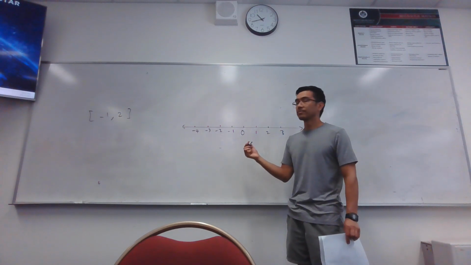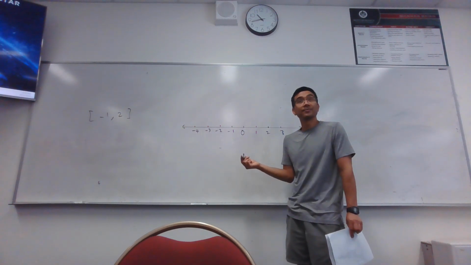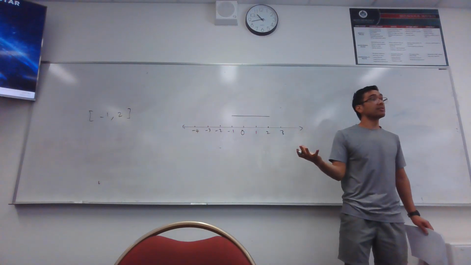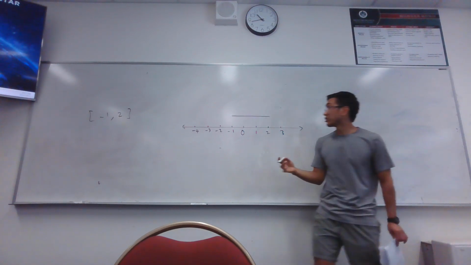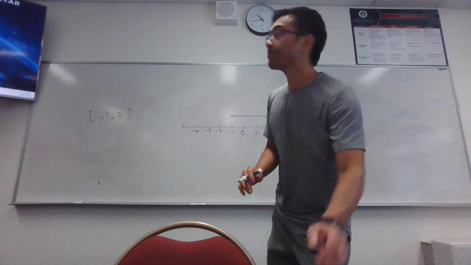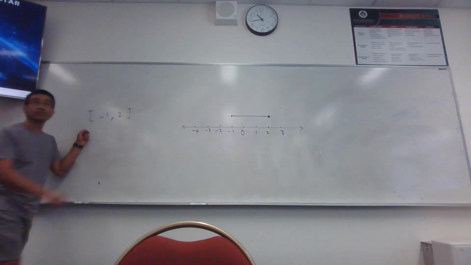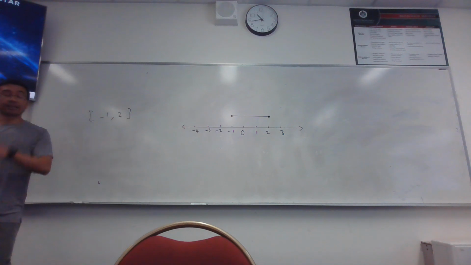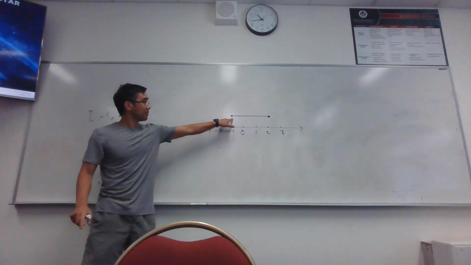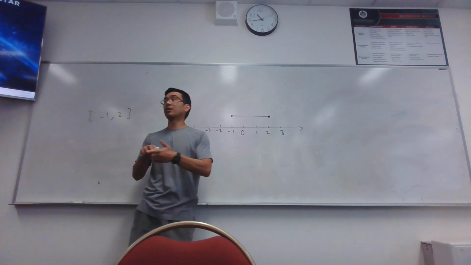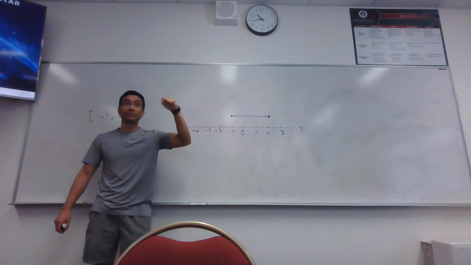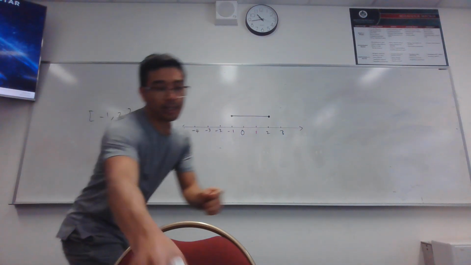A line, from -1 to 2, with solid dots on the ends because they hit points -1 and 2. Square brackets: we want the -1 and we want the 2. It's like a closed fist, grabbing on to the number.